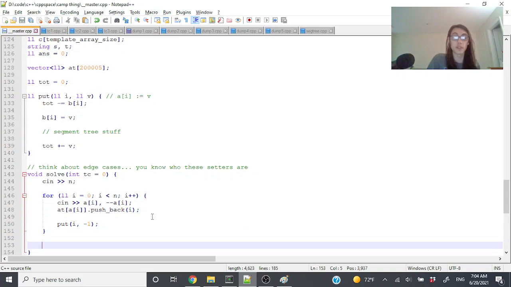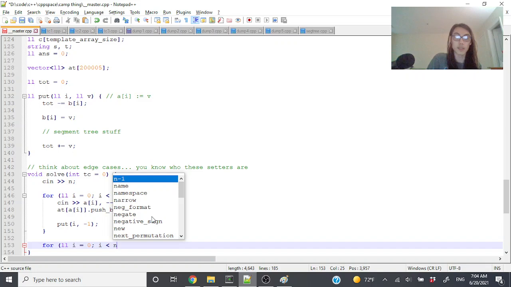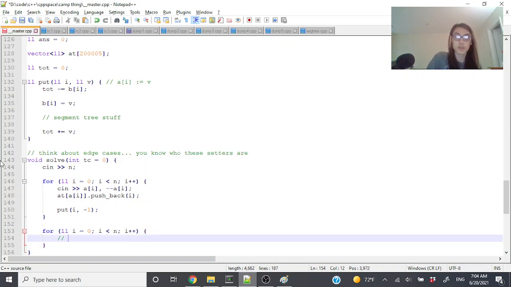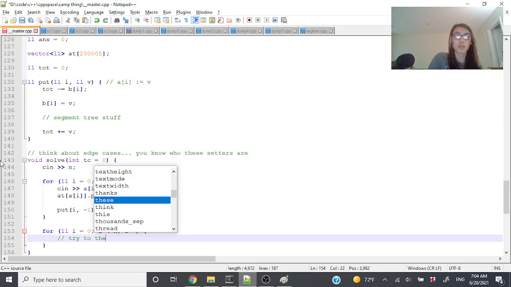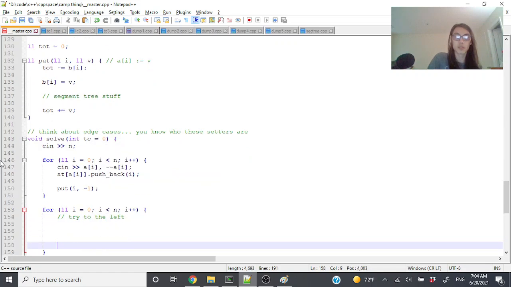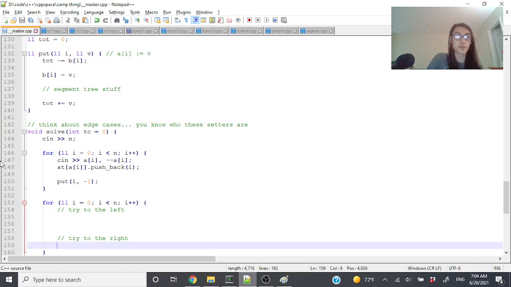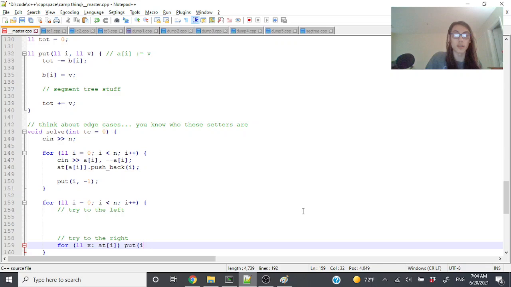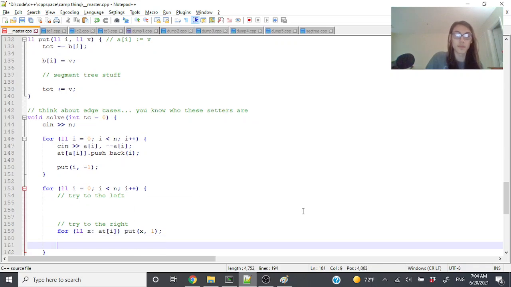Initially everything is minus 1. Now for i equals 0, i less than n, i plus plus. And then now for each value x at i, put i in x. And then now we do the same thing.